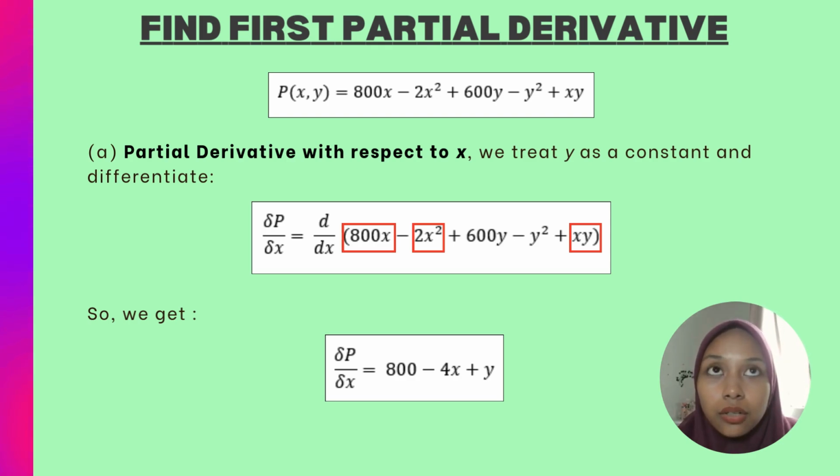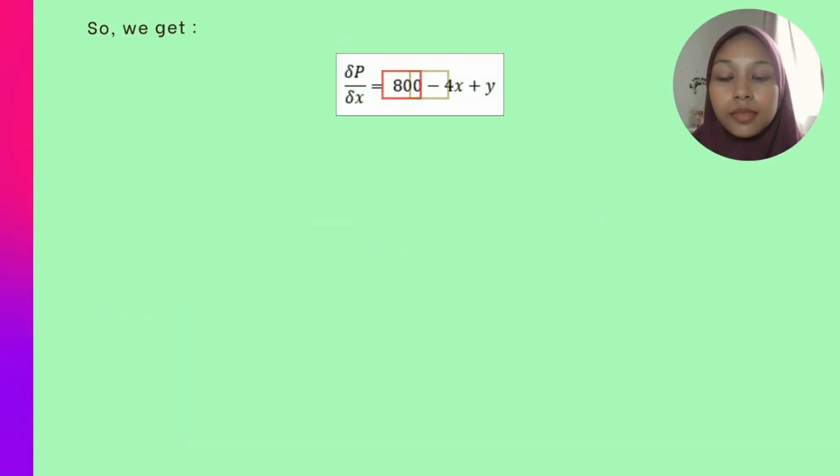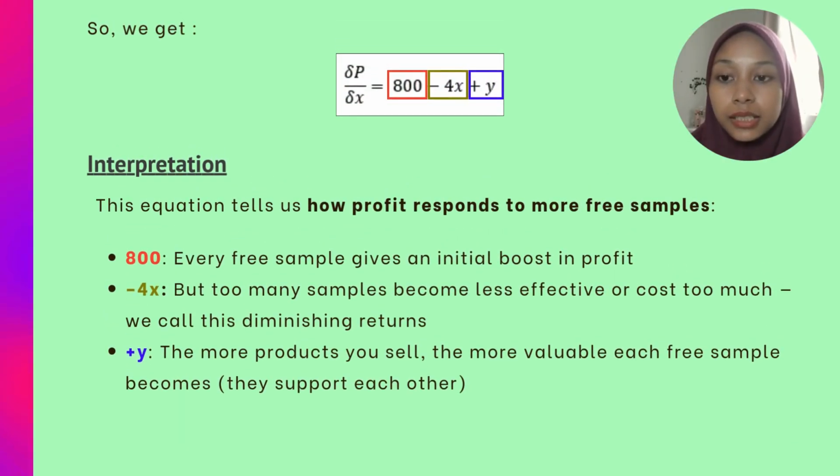Those are the terms that we can differentiate because they have x. So we get 800 minus 4x plus y. This is the answer for the first partial derivative with respect to x.